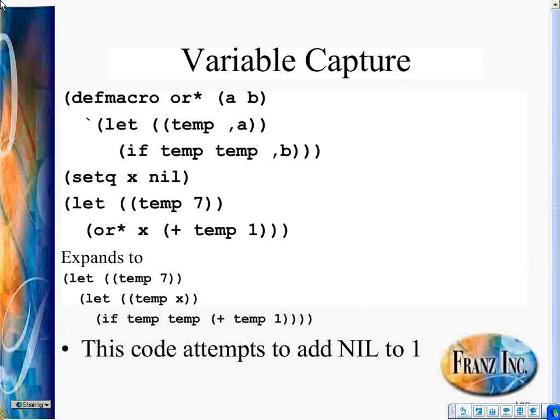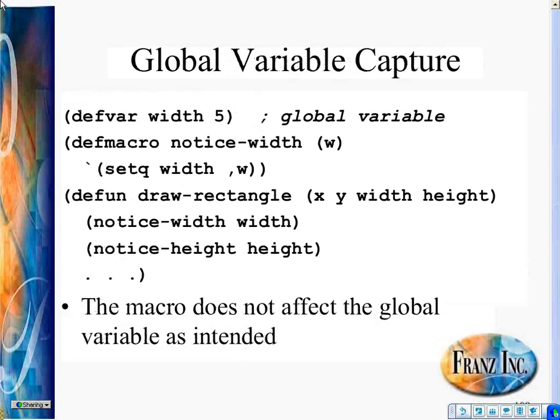Variable capture we've already gone through and gave an example. Global variable capture is similar. We have a global variable called width, and here we have a macro called notice-width, which sets the value of the global variable to the argument.